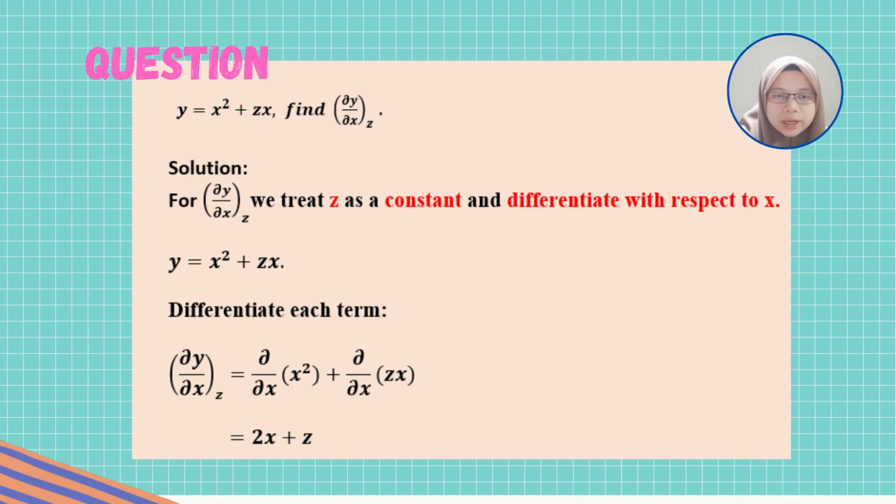So for the equation y equals x squared plus zx, we must differentiate each term. Dy over dx equals d over dx of x squared plus d over dx of zx. After we differentiate, we will get 2x plus z for the final answer.